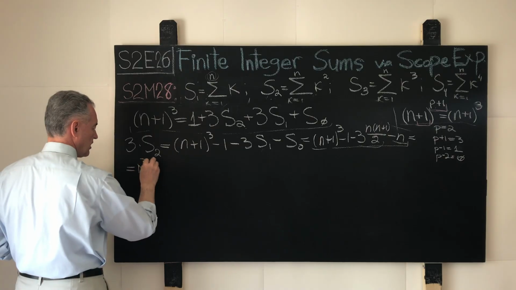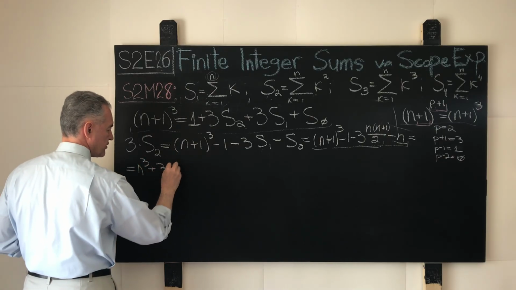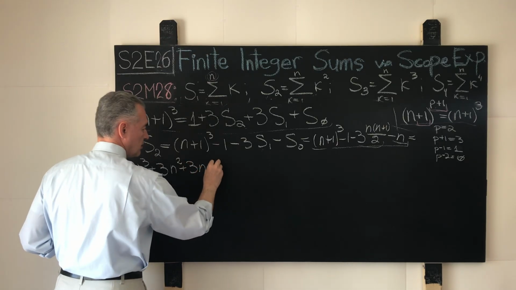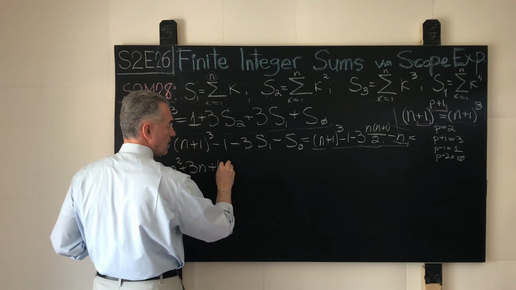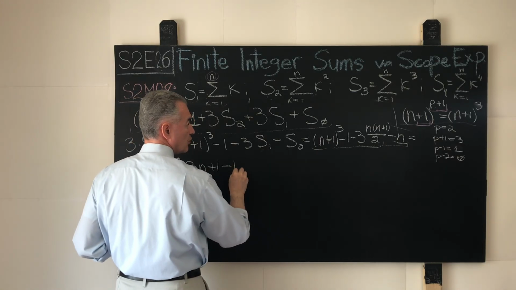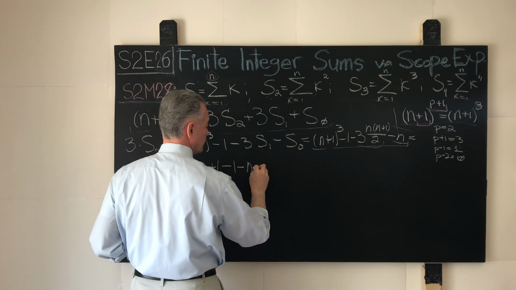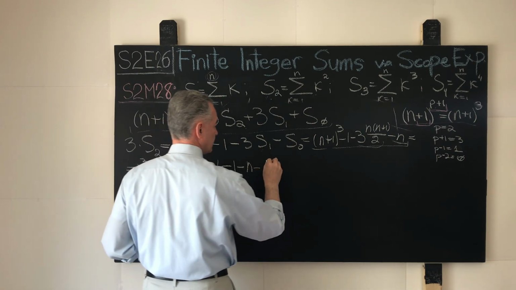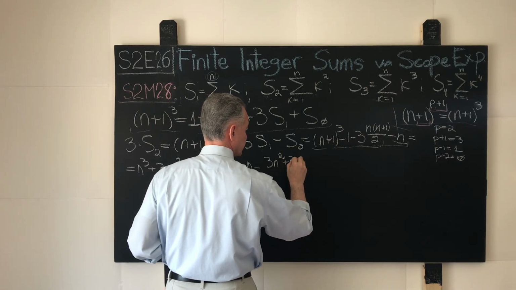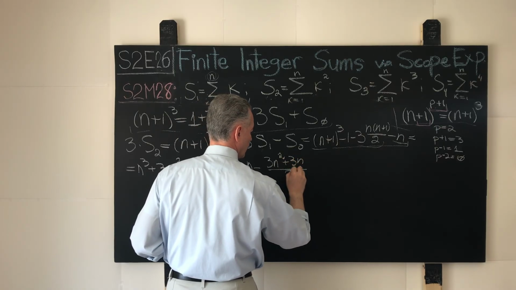Well, we obtain n to the third power plus 3n squared plus 3n plus 1 minus 1 minus n minus (3n squared plus 3n)/2.